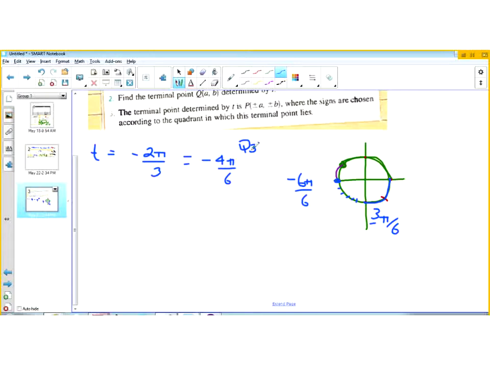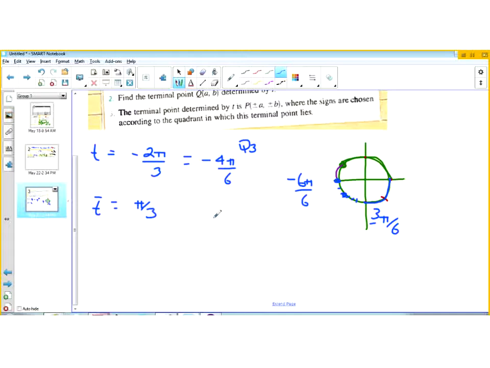All right, so now we have to find the reference number. If we go another pi thirds radians from this terminal number along the unit circle, we'll reach the x-axis. So the reference number for negative 2 pi over 3 is pi thirds.